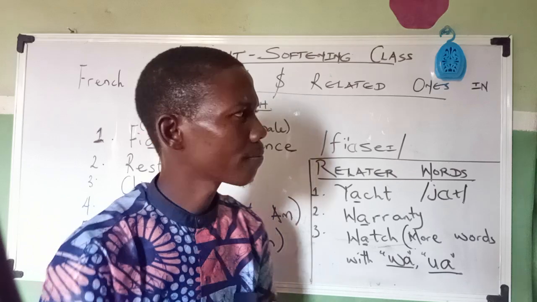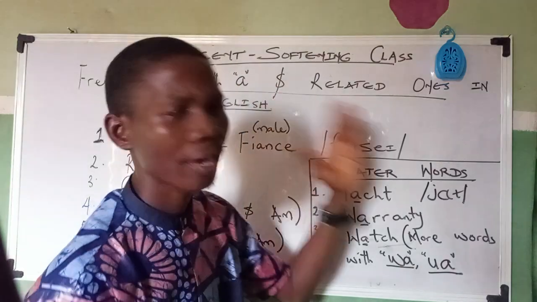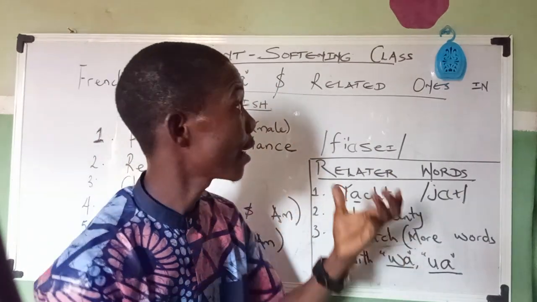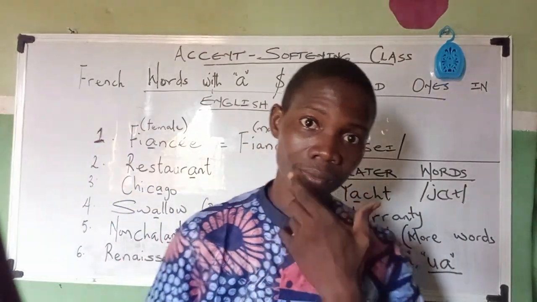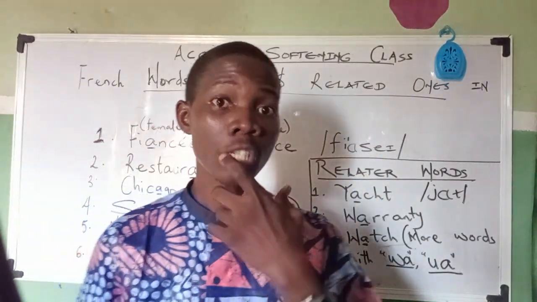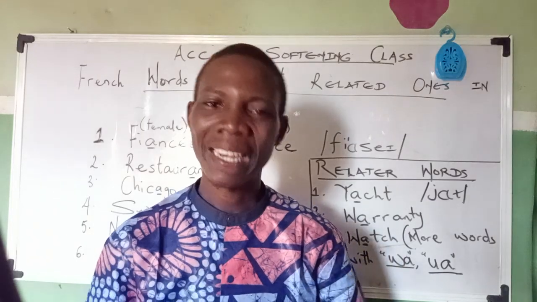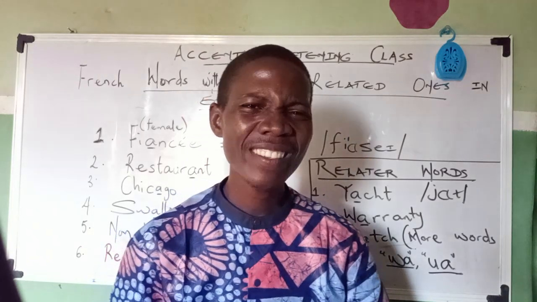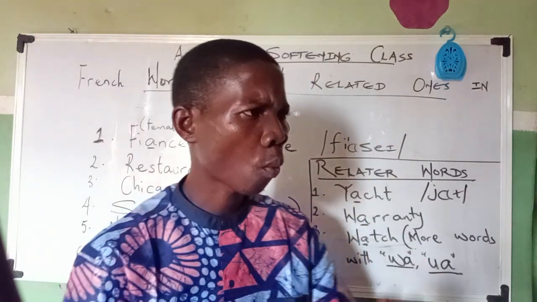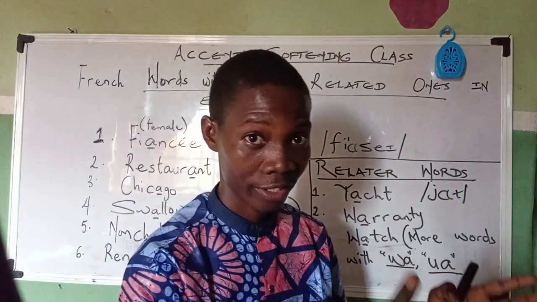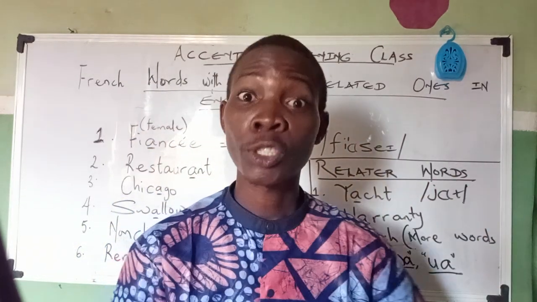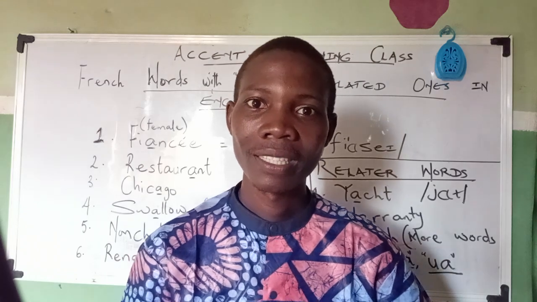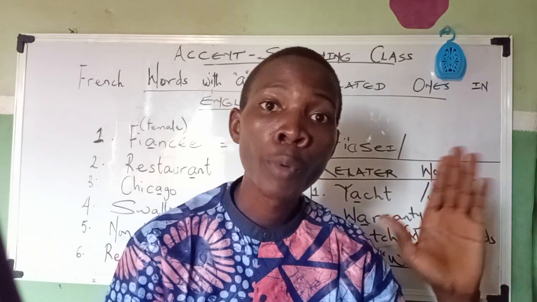For today, in our accent softening class, we'll be looking into a very important aspect of pronunciation, of speaking in the English language. I want you to believe with me that all the words you see in English, all of them, are not really from an English background. We call them borrowed words.